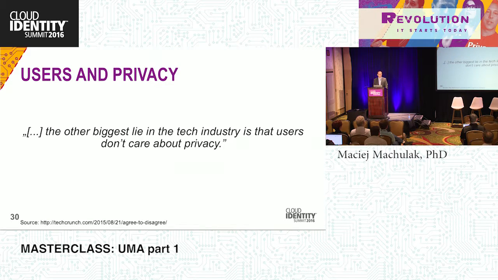And it has to change also because users really do care about privacy. So it's no longer something that's an add-on. It's really something that should be built into every single service that we currently have online.